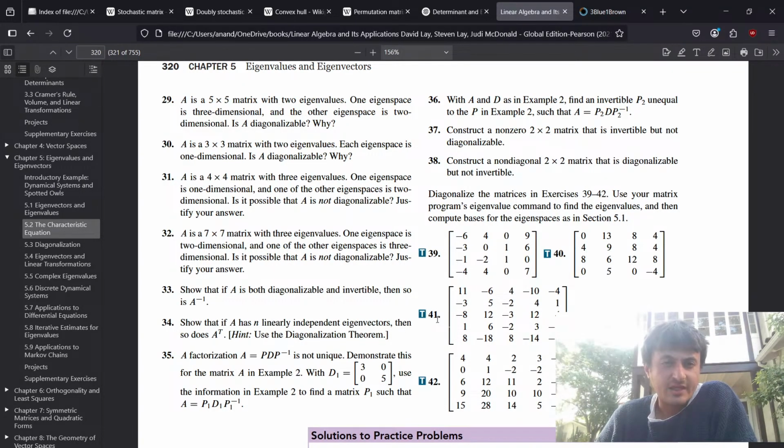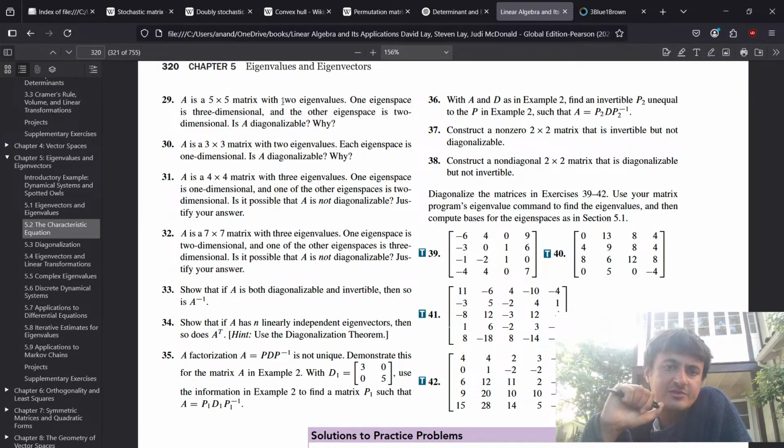A is 5 by 5 with 2 eigenvalues. Ooh, that's a good question, man. 29.